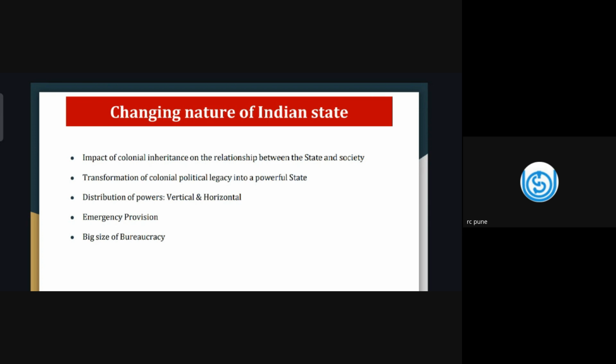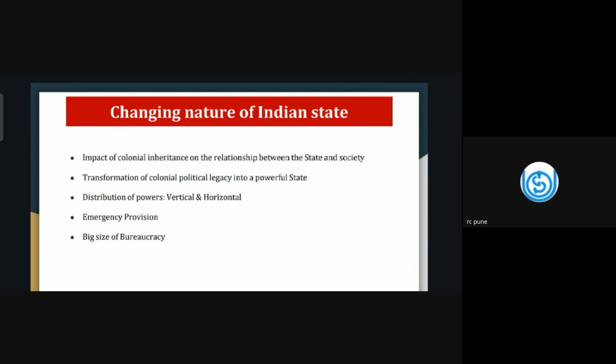Apart from this, there is one more category which is not mentioned anywhere in the constitution, which is called residuary powers. Residuary powers are those powers which are not mentioned anywhere in the constitution.